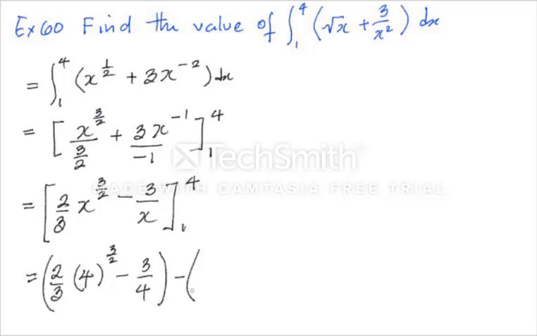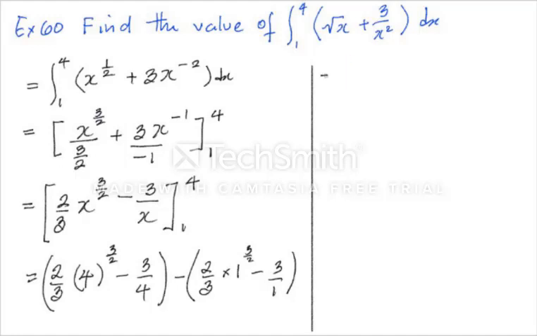Then minus, when x is 1, I have 2/3 times 1 to the 3 over 2 minus 3 over 1. So next, this is equal to 2 over 3 times 2 squared, because 4 is 2 squared, times 3 over 2.